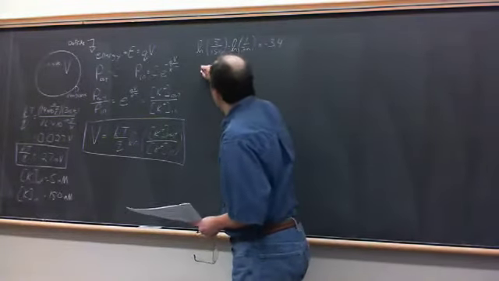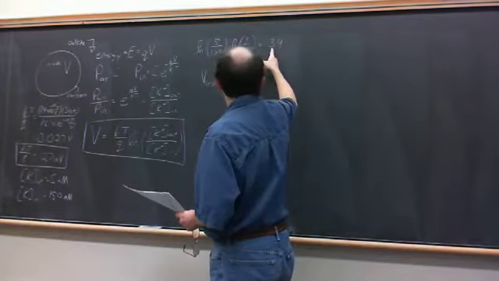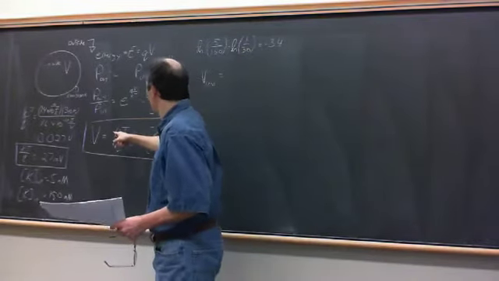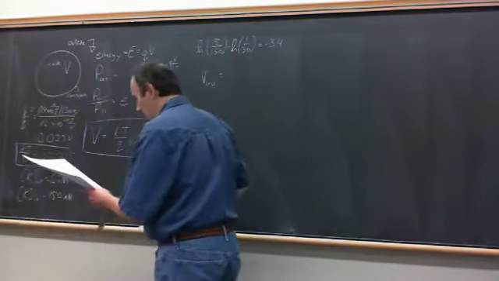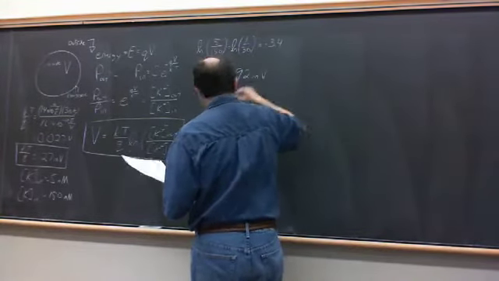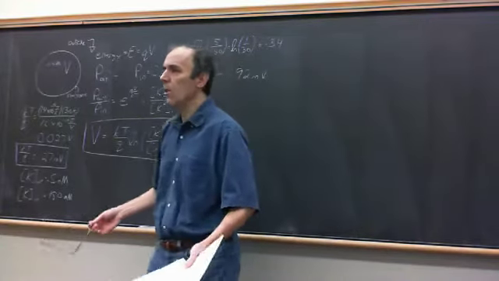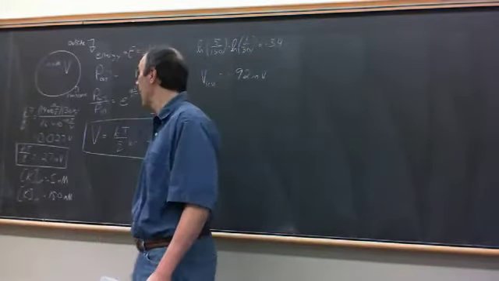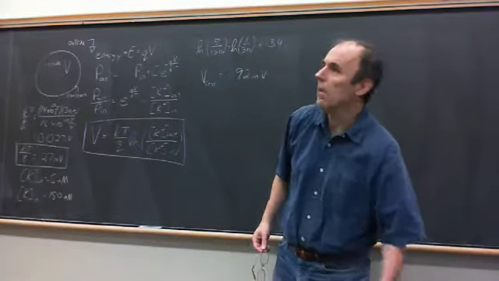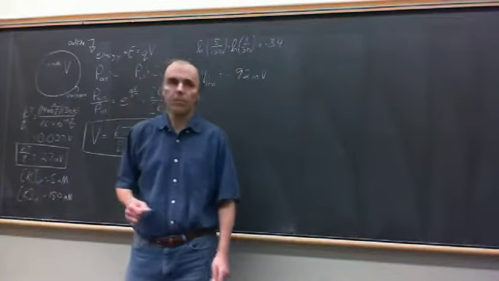So the voltage, which we'll call the resting voltage of this cell, is going to be minus 3.4 times kT over q, 27 millivolts, which comes out to be minus 92 millivolts. And that's a little large for a resting potential, but it's just about what cells have for their resting potential. So we can calculate the resting potential of a cell just from the Boltzmann factor.